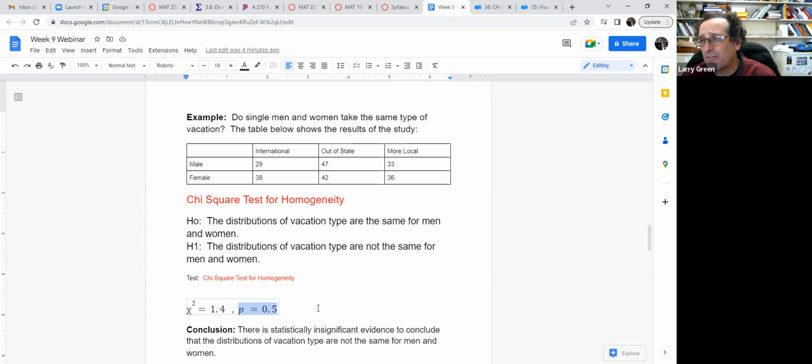You don't even have to assume it's 5%, because 0.5, which is 50%, is bigger than any level of significance anyone would ever use in statistics. So you don't need it.